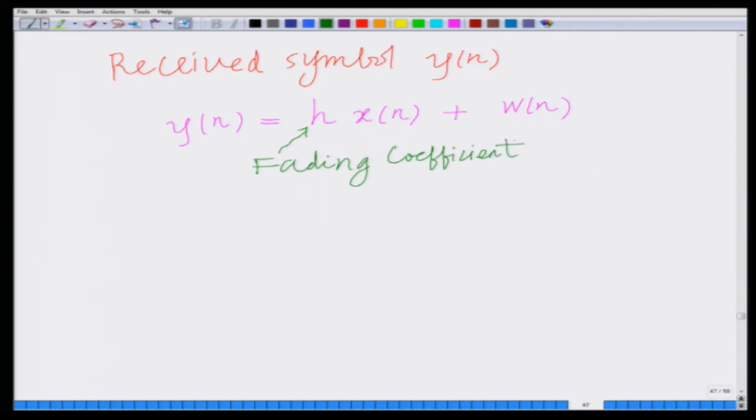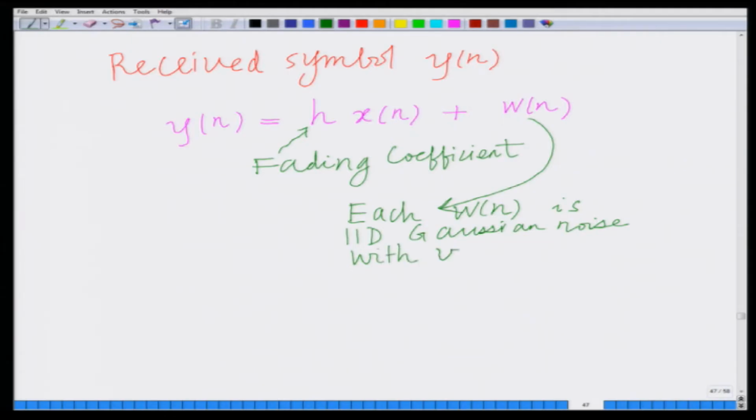In particular, we are considering a Rayleigh fading channel, so this is the Rayleigh fading channel coefficient, and each wn we are assuming is IID Gaussian noise with variance sigma square.